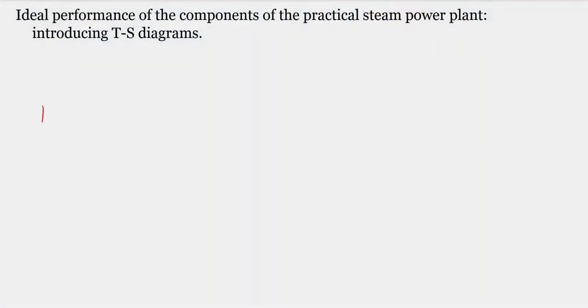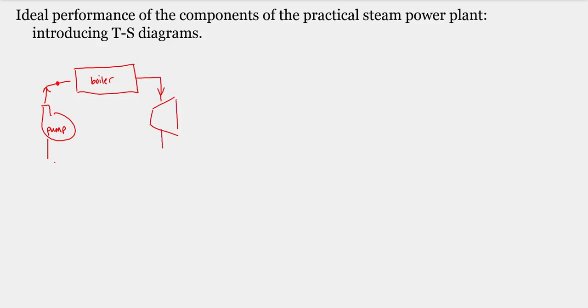So remember the four introductory components to my steam power plant are my pump, where I'm going to take my low energy fluid and increase the energy of that fluid so I can pass that higher pressure, higher energy fluid through a boiler. And then I'm going to take that high energy fluid and expand it through my turbine.